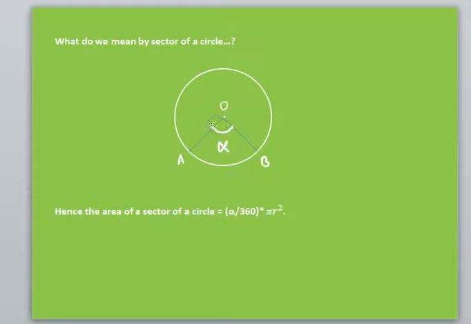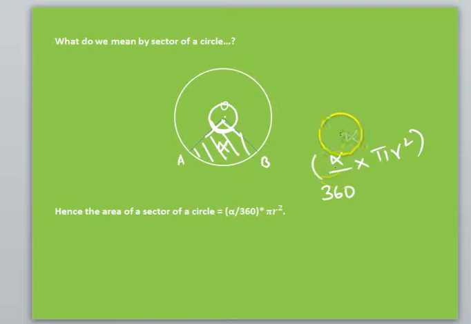Since the total angle is 360, the part subtended by alpha divided by 360 gives the fraction of the circle which it occupies. Therefore, this part's area becomes alpha by 360 into pi r square. This is nothing but the ratio of some part of the area of a circle.